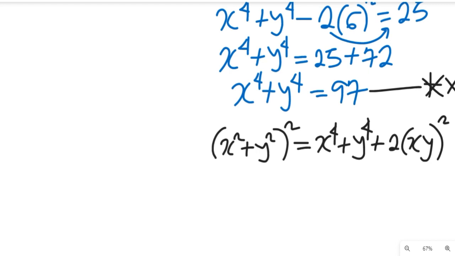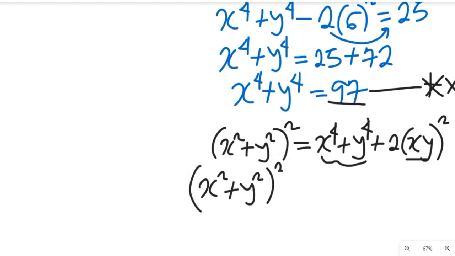So from this expression now, we can find out that our x to the power of 4 plus y to the power of 4 is equal to 97 and our xy is equal to 6 from the initial equation. So (x square plus y square) all squared can be equal to 97 plus 2 multiplied by 6 all squared.